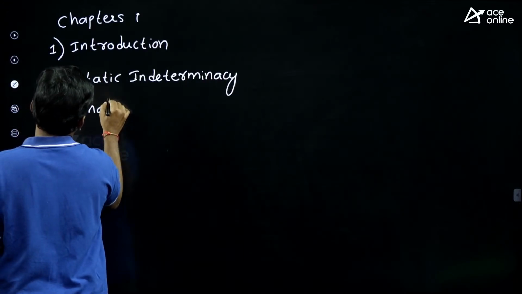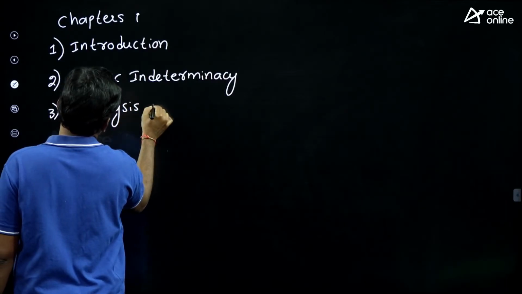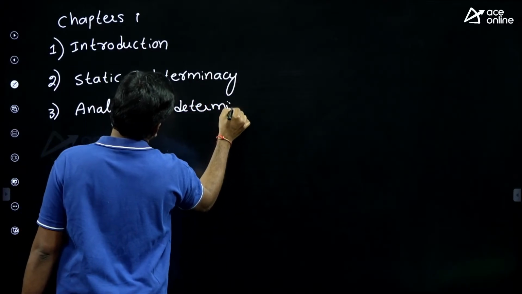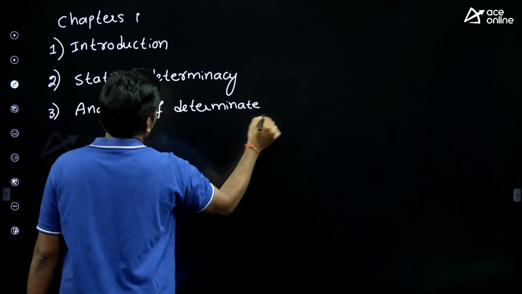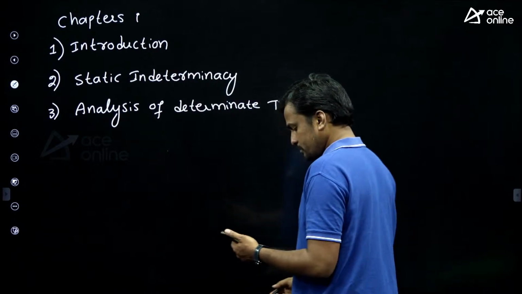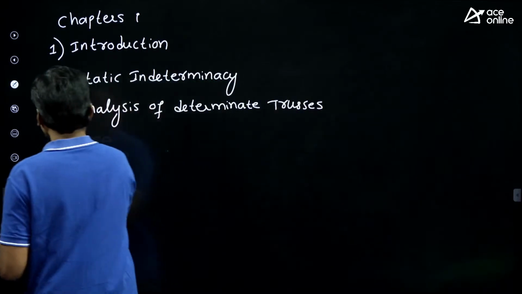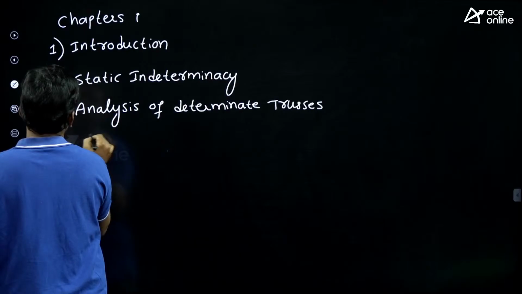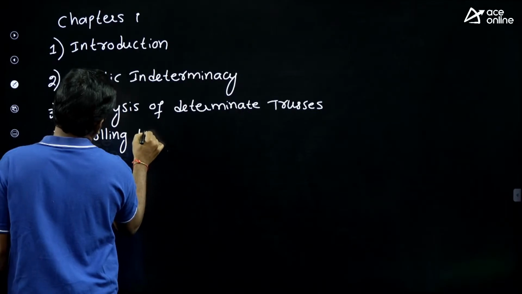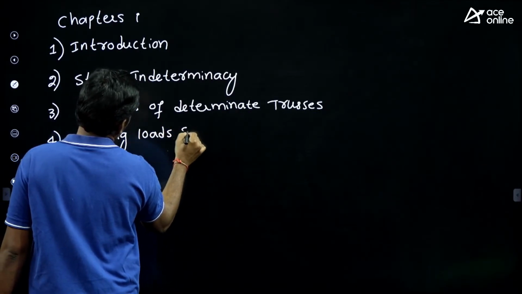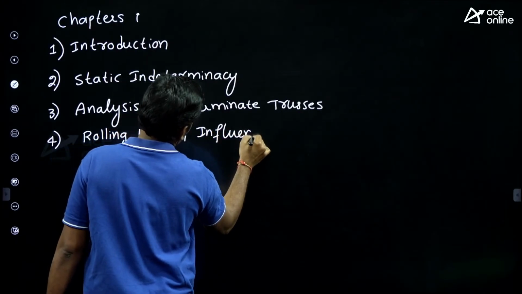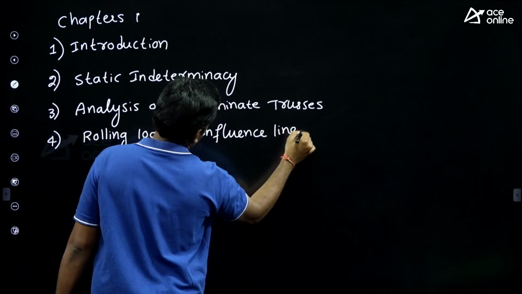Third chapter is analysis of determinate trusses. Fourth chapter, rolling loads and influence lines.